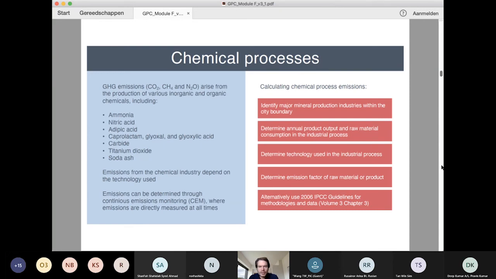If not, you might need to base it upon total production activity at the facility. And again, you've got the same process here. Identify your processes, determine outputs or inputs, look at the technology used, determine emission factor, and if you can't determine one, use the one from the IPCC guidelines.